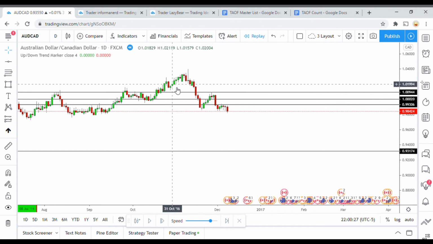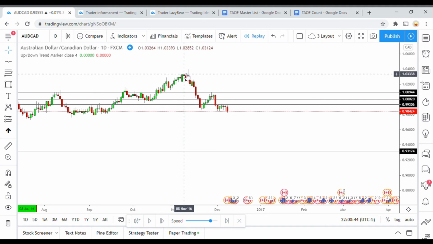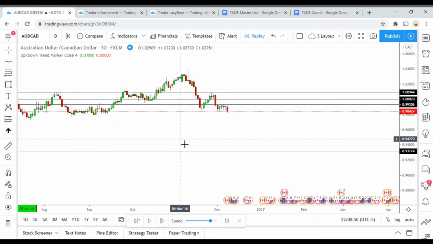I might consider this one right here one cycle. This was not a cycle. I consider that a small trend to the downside. And so you had a small push up, small trend down, a push up, one cycle down for a pullback, and then a push back up. And so anytime you get price action that happens like this, you definitely have to be very cautious.